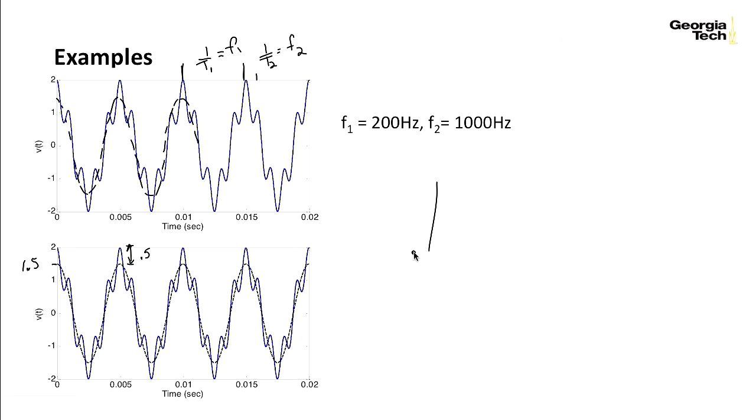So if I draw the spectra, I have a frequency of 200 and a frequency of 1,000, in hertz, and an amplitude at the low frequency of 1.5, and the amplitude at the high frequency of 0.5. And you can see again, this is dominated by low frequency. And you can see that in the frequency domain as well.